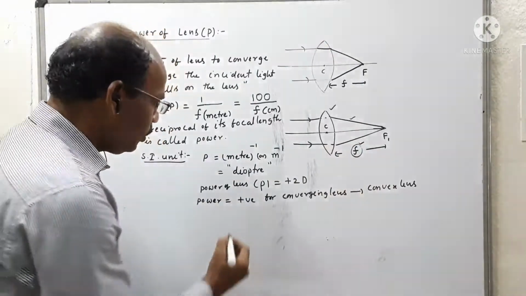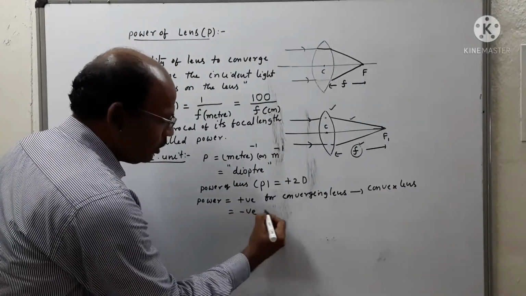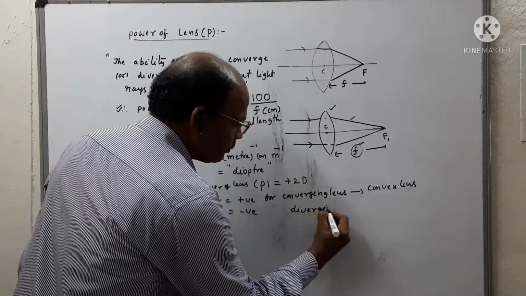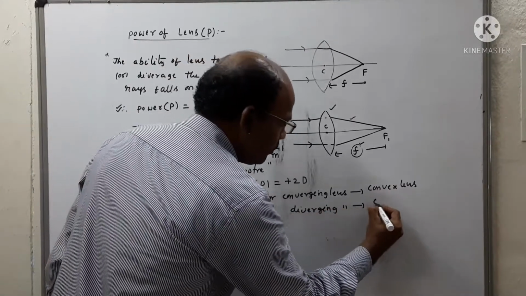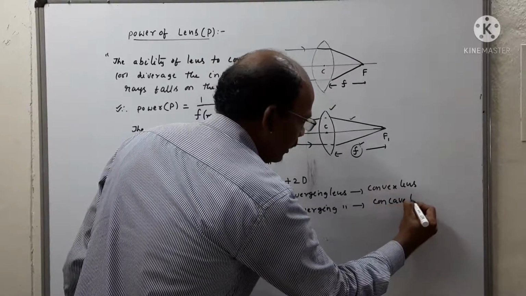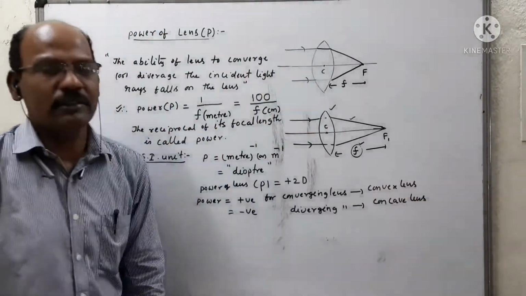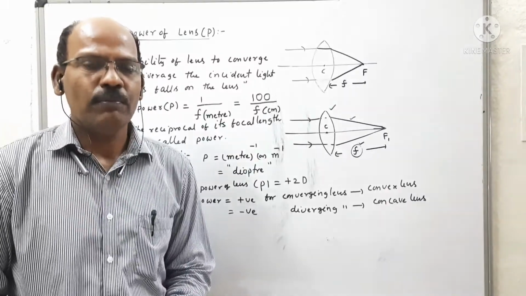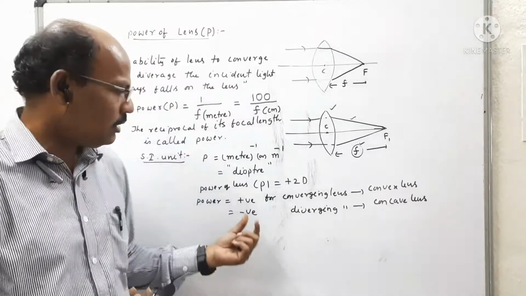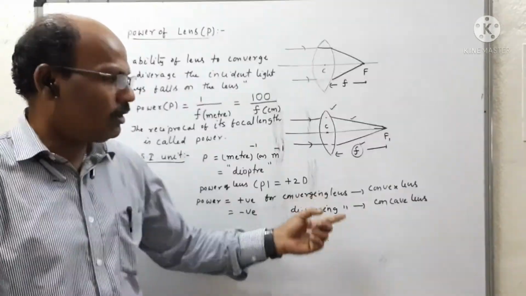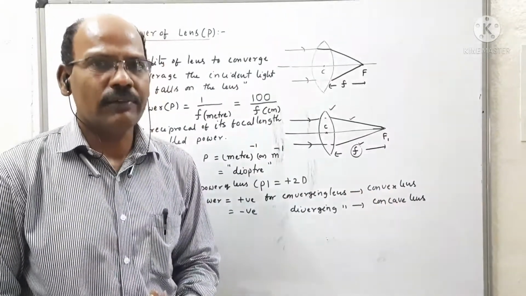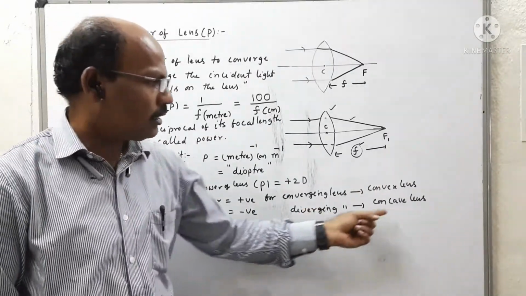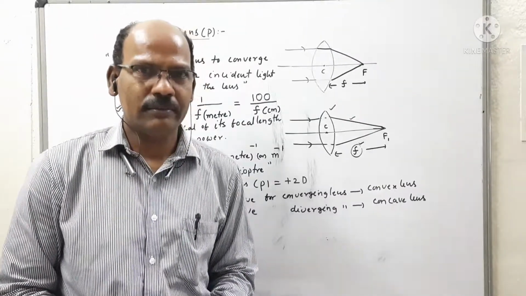If the power is negative, then that lens is called a diverging lens, which means a concave lens. So this is the simple definition of power of a lens and its SI unit. If the power is positive, we use the convex lens. If the power is negative, we use the diverging lens, that is the concave lens.